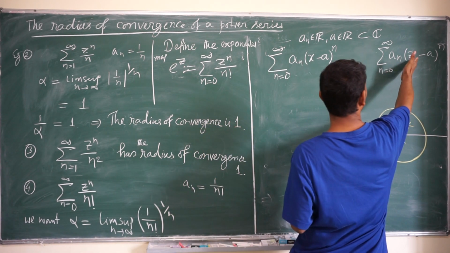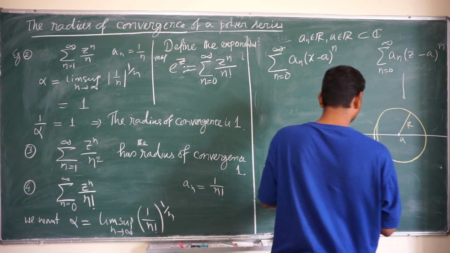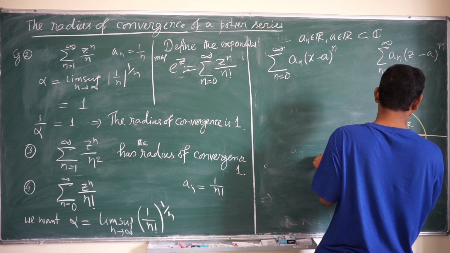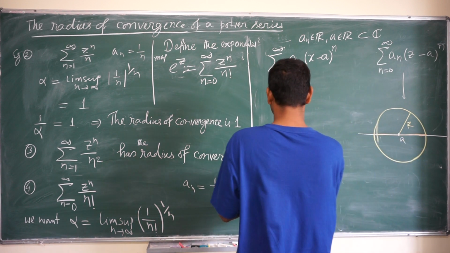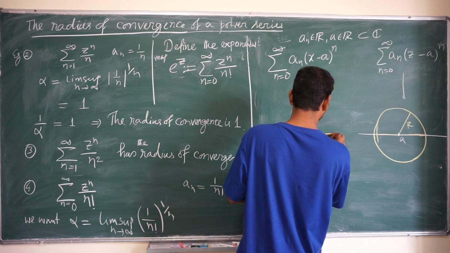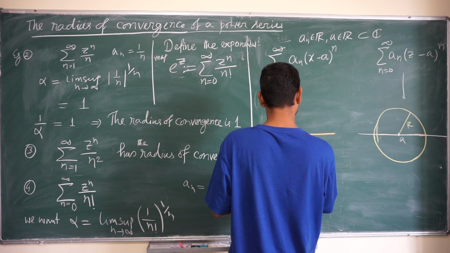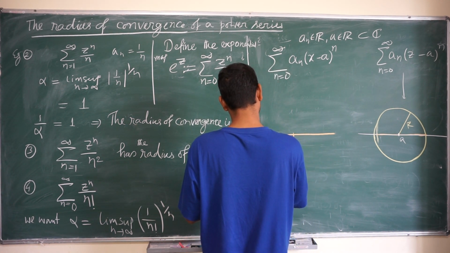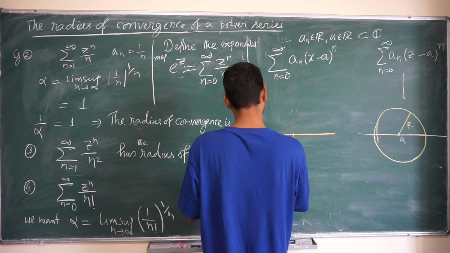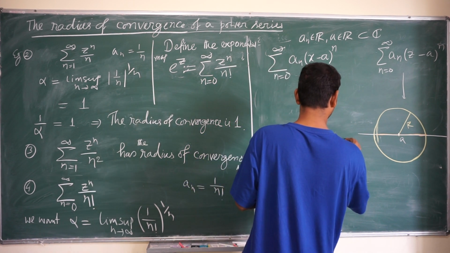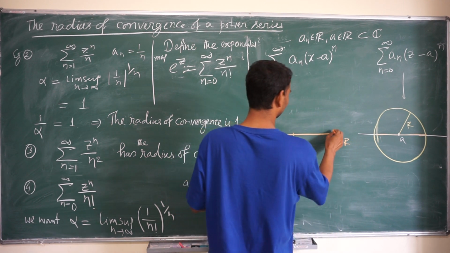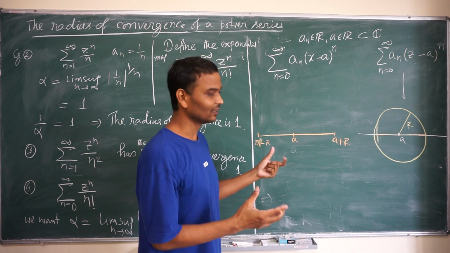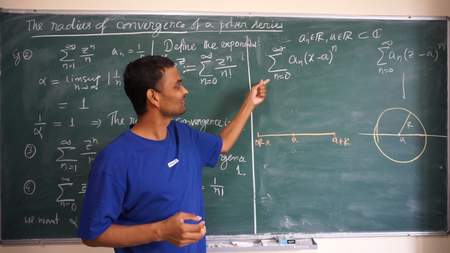And you see, if you restrict this to the real line, you get an interval. So here this is a minus r to a plus r. So you have this interval as the region of convergence of this series.